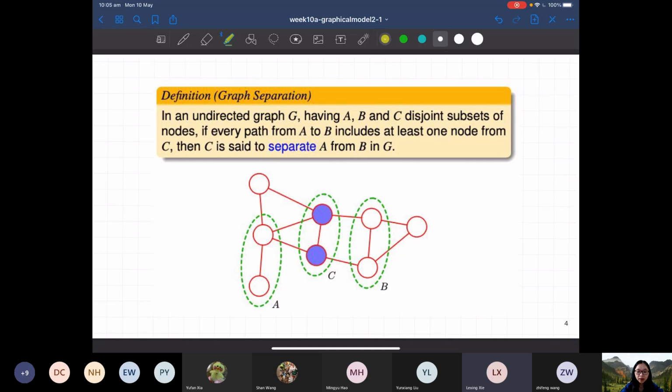If, let's say, A and B are disjoint subsets, and every path from any node in A to any node in B passes through or includes at least one node from C, then C is said to separate A from B in G, right?